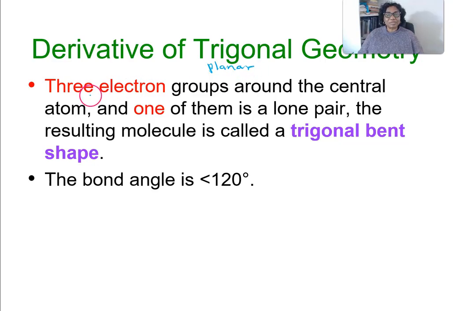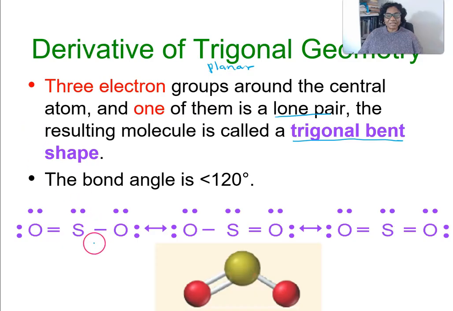Trigonal planar geometry has 3 electron groups around the central atom. If one of them is a lone pair, the result is that the molecule will have a trigonal bent shape, and the bond angle will be less than 120. Example is SO2.